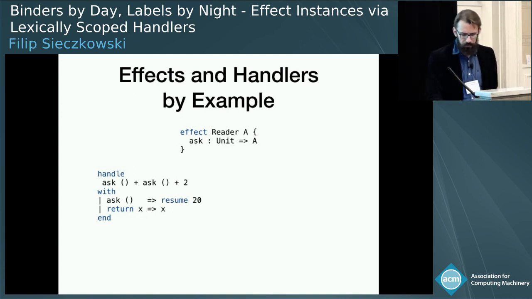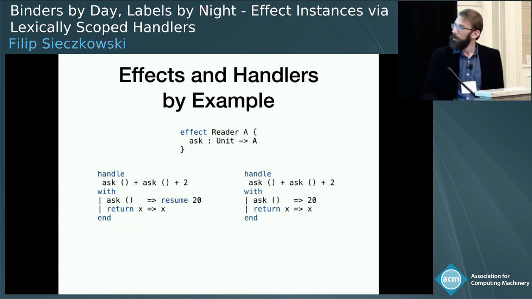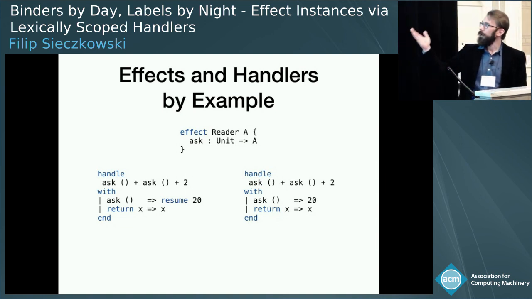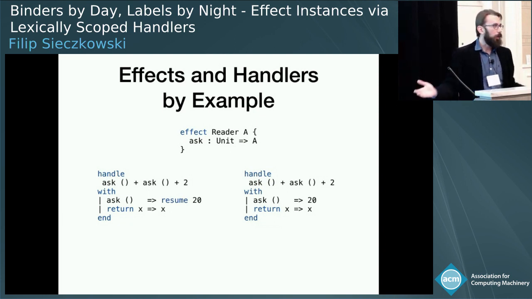Now, of course, this is a rather boring example, and this is not everything that we can do with these algebraic effects and handlers. In particular, we're not bound to resume. We can write a code like that. And here, when we first move control from the code under the handler to the handler, it will just say, OK, the value is 20.